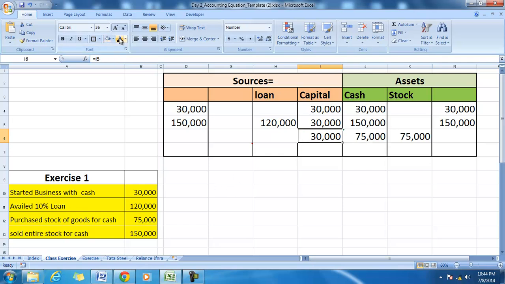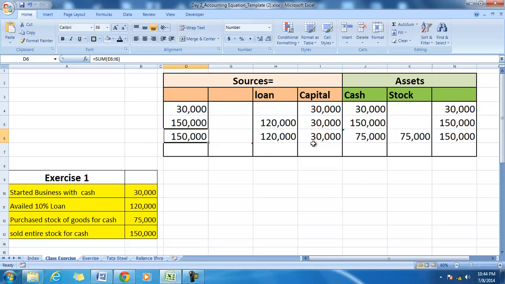No change in the capital, no change in the loan. The sources side is once again equal to the asset side. We can see that the cash is converted to stock by taking a business decision of acquisition of stock.